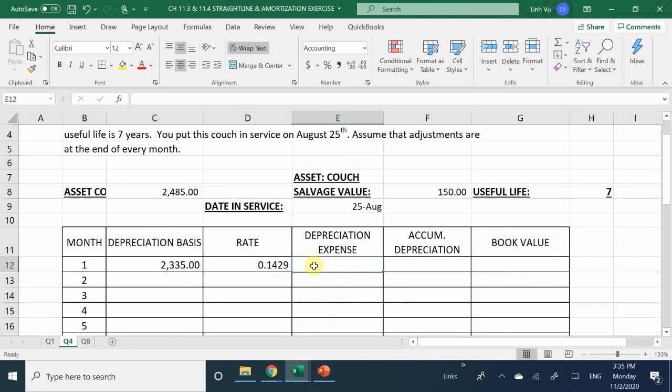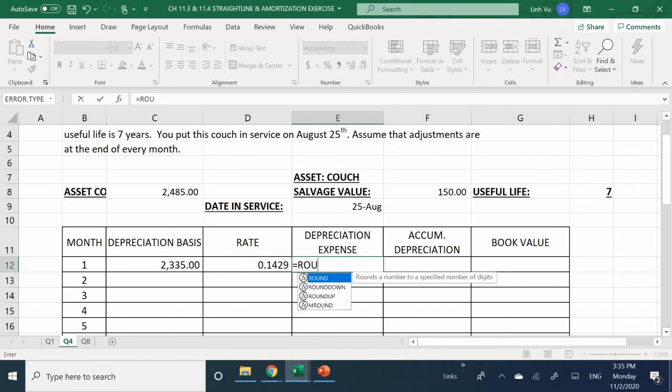So what's my depreciation expense going to be for the whole year, just assuming it's 1 year? Wait, what?